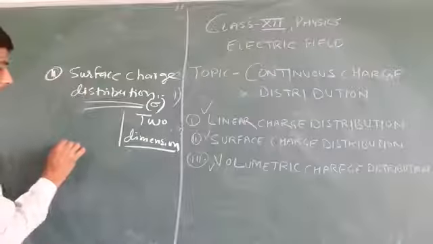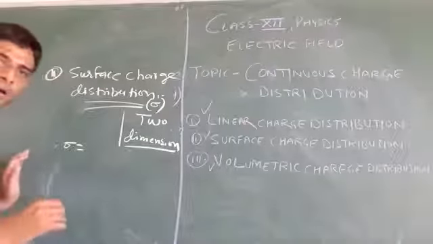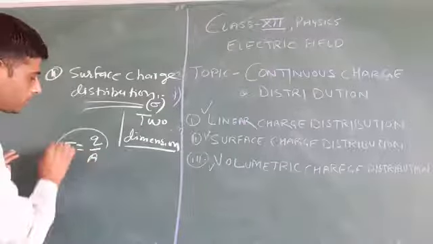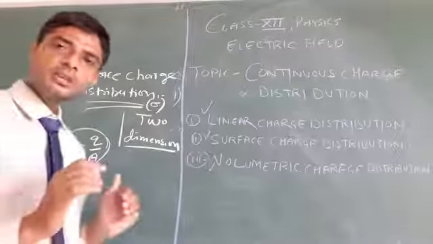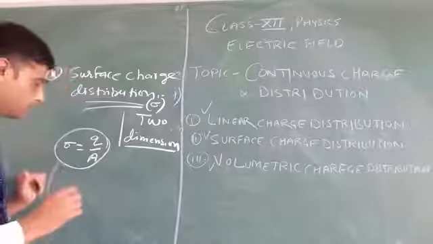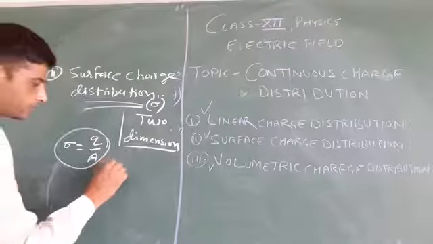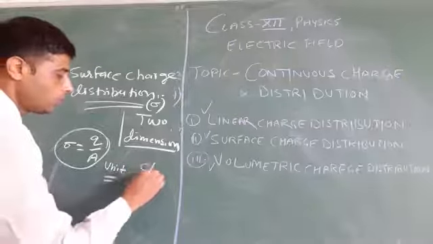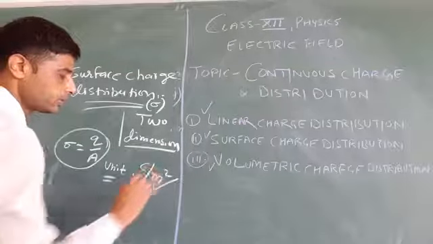The value of sigma is equal to Q upon A, where A is the area of the surface, and the unit of surface charge density is coulomb per meter square.